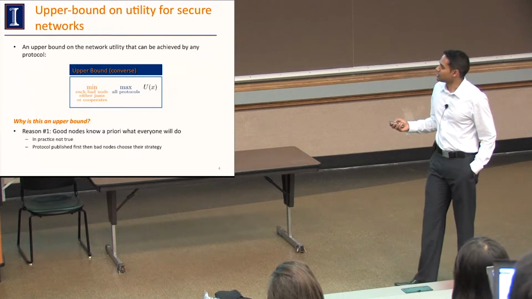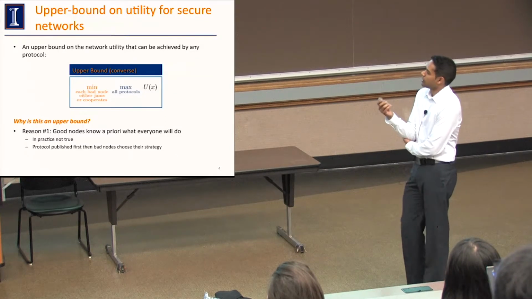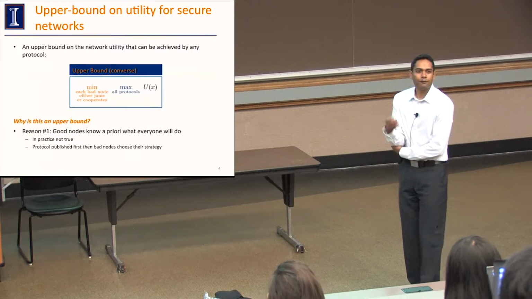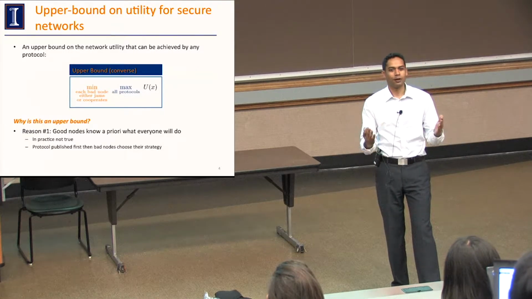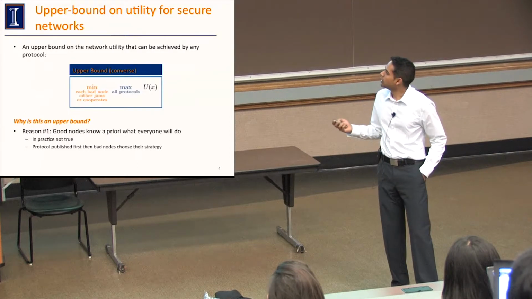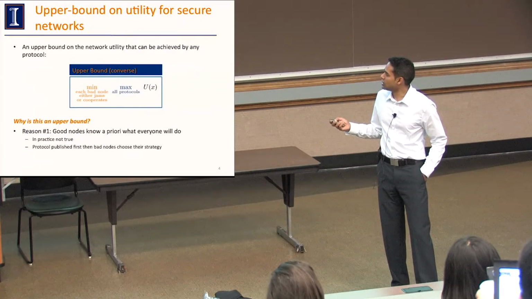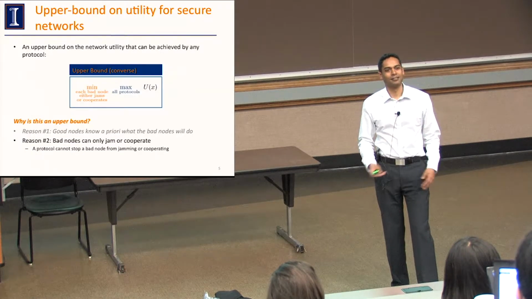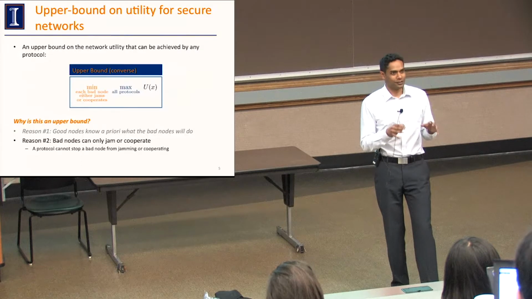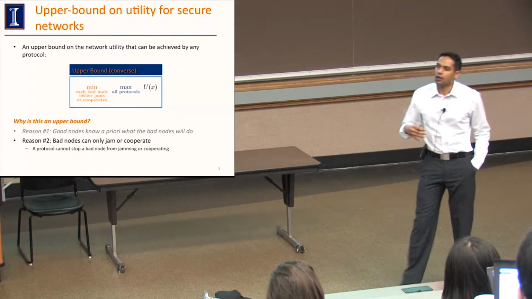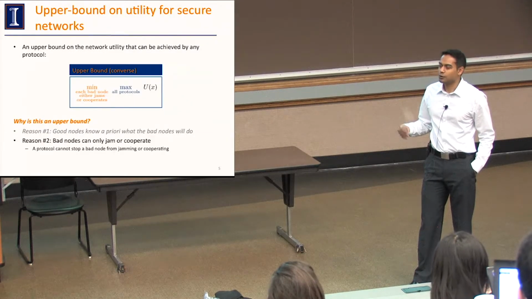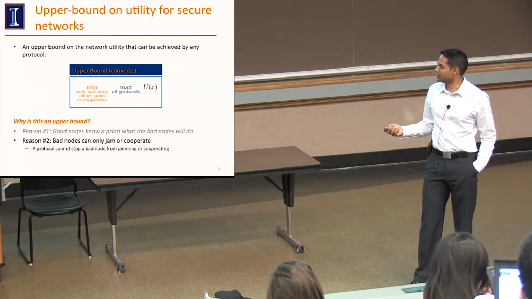First, maybe I should say what this expression means. First, every bad node announces a priori what it's going to do, whether it's going to jam or cooperate with the protocol. It announces that beforehand. And then, given that information, the network chooses a protocol to maximize utility. And the bad nodes attempt to post facto minimize the utility.